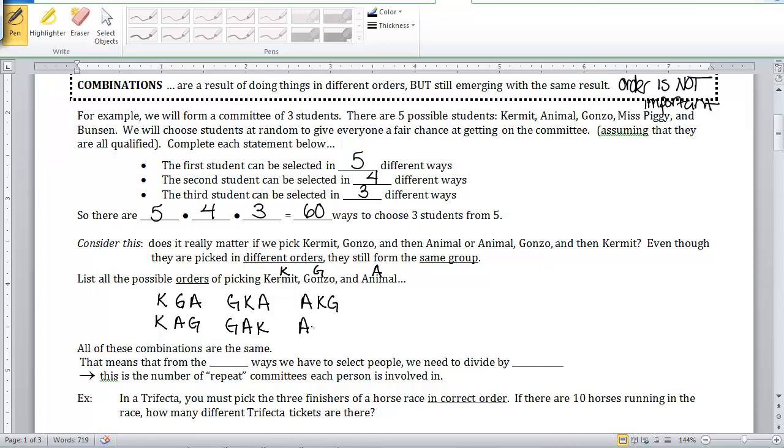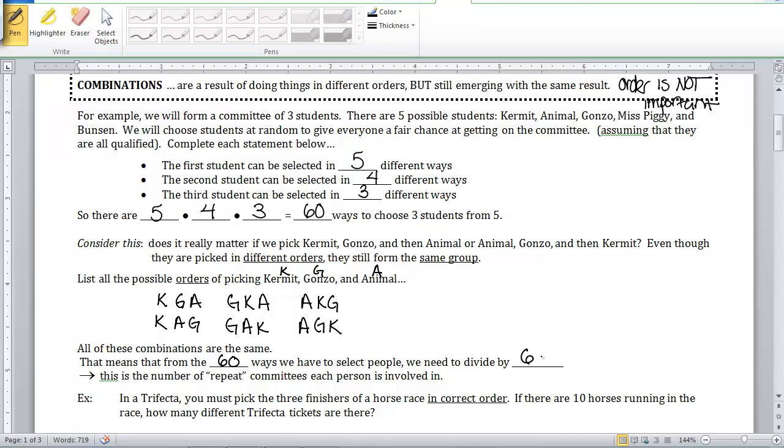But then maybe Animal's first and I did Gonzo and Kermit. There are 6 different ways that we can select these same 3 people. And so that means from the 60 ways we had originally, we need to divide out all of these repeats, these 6 different same groupings that we got.